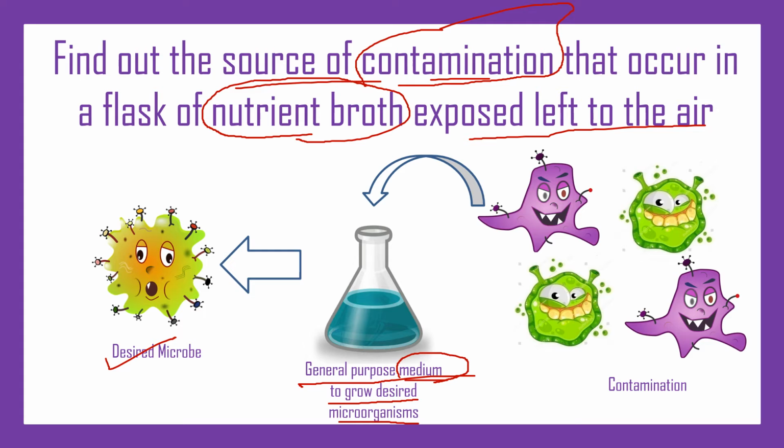So this medium will act as a food for the microorganism. It contains all the nutrients like nitrogen, carbon and phosphorus. All the essential nutrients will be present in this medium, in this nutrient broth.